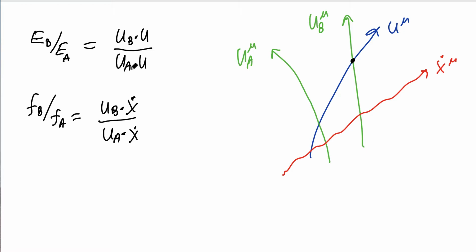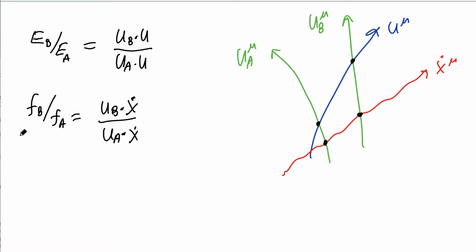And likewise, UA dot U is measured locally near this event. UB dot x dot is here at this event, and UA dot x dot is at this event. All right, so when we evaluate these mathematically, we have to make sure that we compute these inner products correctly, taking into account where they are being evaluated.